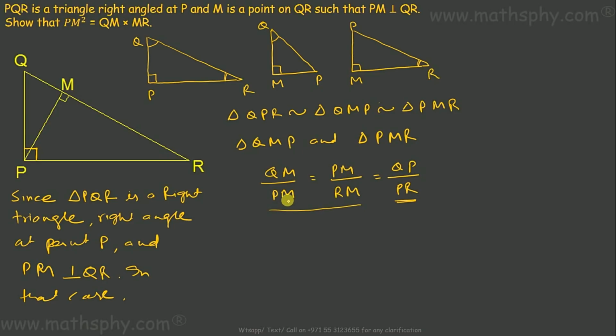Here, QM into RM will be equal to PM into PM, then PM square. So now I have PM square equals QM into RM or MR. We can write it this way also. So PM square is equal to QM into MR. That's what we have to prove. Alright.